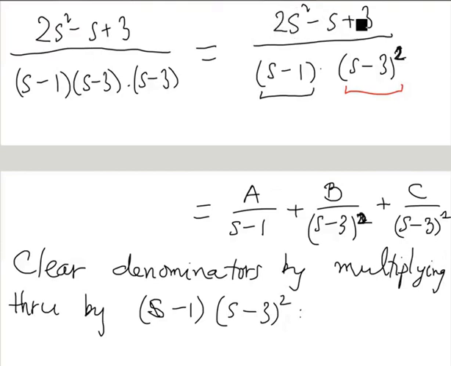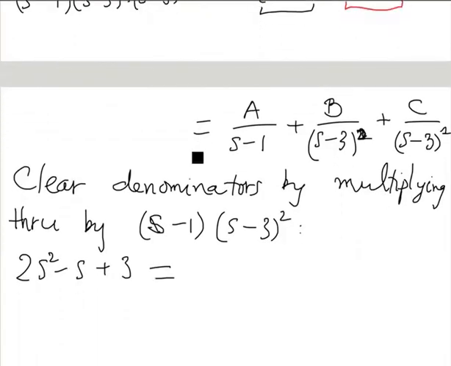On the left hand side, we will have the numerator 2s squared minus s plus 3 equal to, on the right hand side, we multiply this denominator by each term. For the first one, we cancel s minus 1, so we have A times s minus 3 squared.